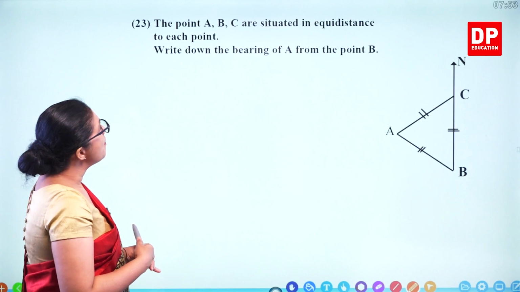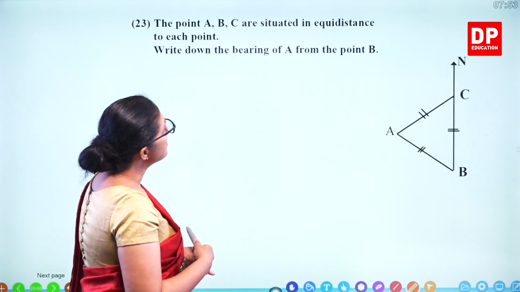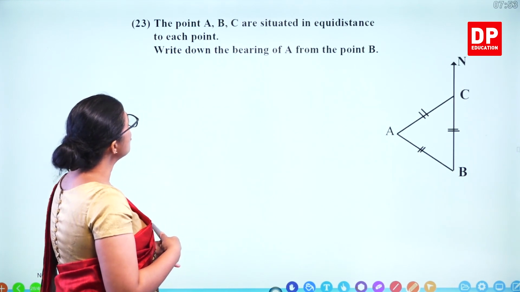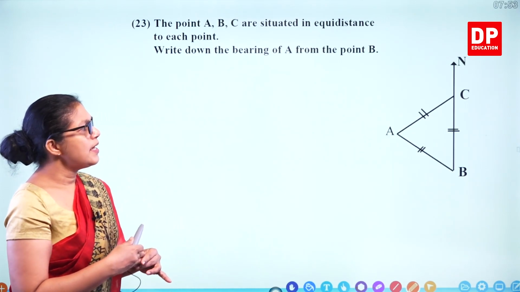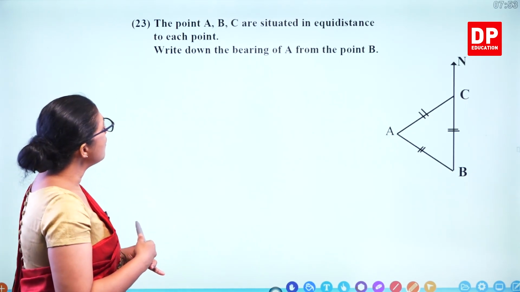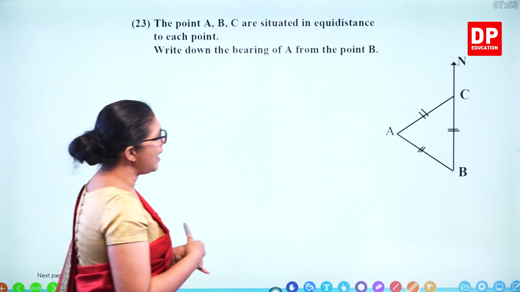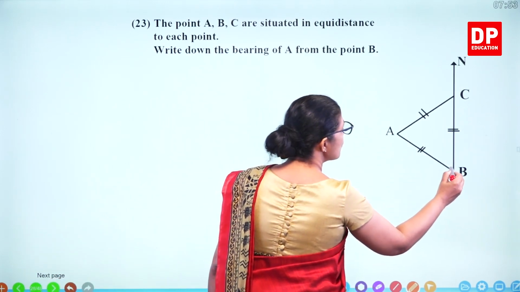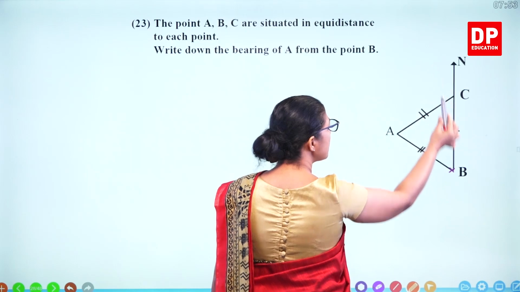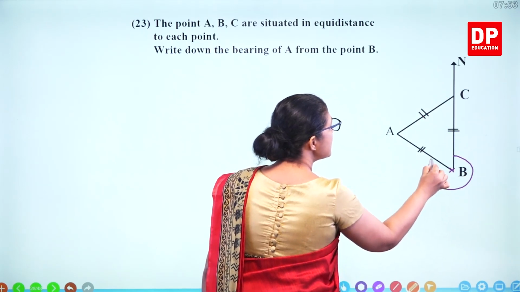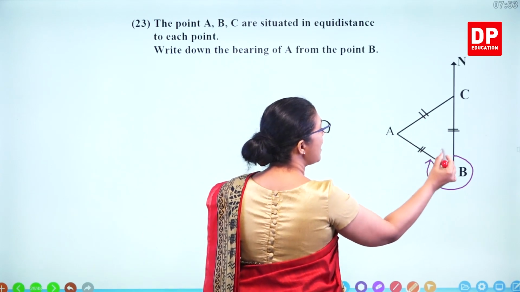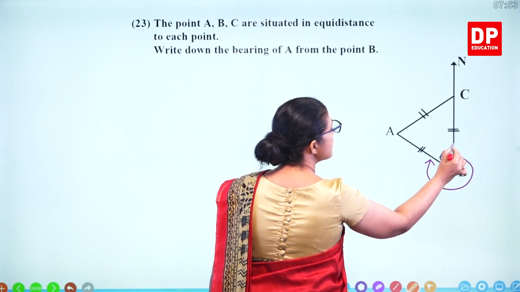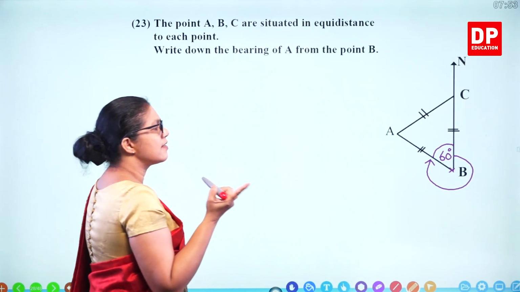Question 23. The points A, B, C are situated equidistant from each other. AC is equal to AB is equal to BC. Write down the bearing of A from B. From B means this is north, so you need this angle. This is an equilateral triangle, so the angle is 60 degrees.